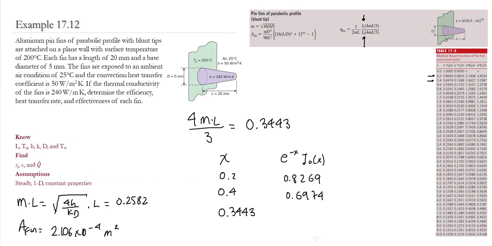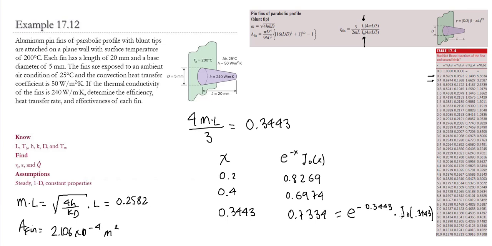And if we do a linear interpolation using those values, we find that the corresponding value for this is 0.7334. Now this value is equal to e to the negative 0.3443 times I0 of 0.3443.